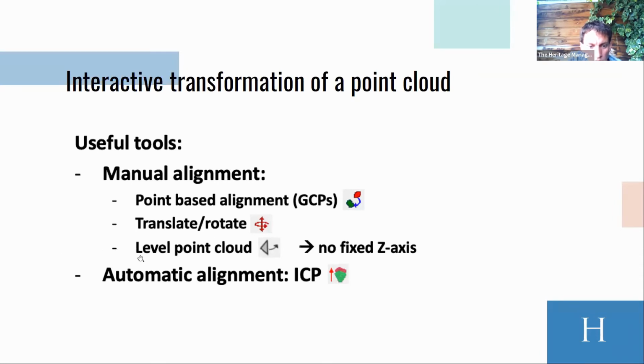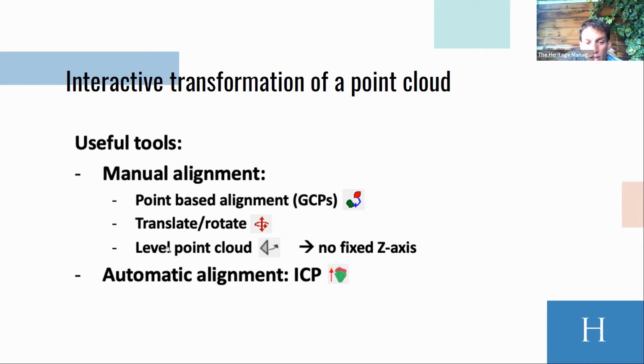And we have, of course, the level point clouds tool that you have experienced in the previous exercise when you were working on the scriptorium point cloud. The point cloud was tilted. You define 3 points in your point cloud, and it will use these 3 points as a leveling plane for the rotation of your cloud.